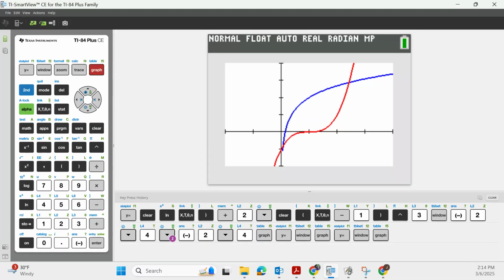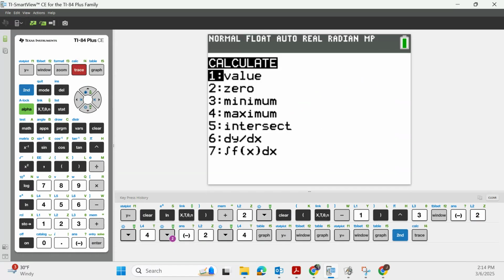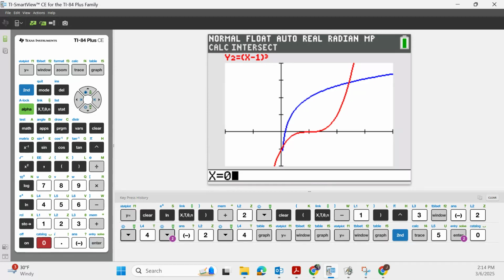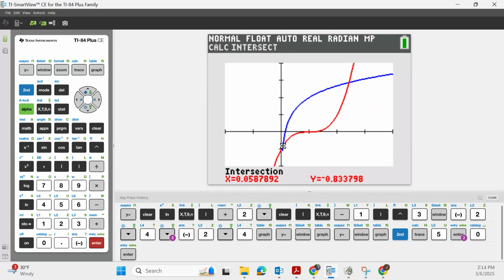On your graphing calculator, if you have a TI, you're going to use the intersection tool: second trace, the calculate menu, choice 5, intersect, and then enter, and you can just hit enter again to get one of them. Or maybe you want to get the one on the left first, so you type in 0 for a guess, and there it is, 0.0588.